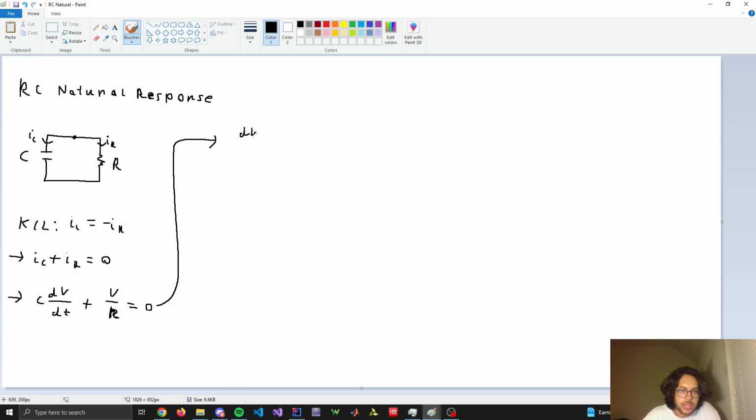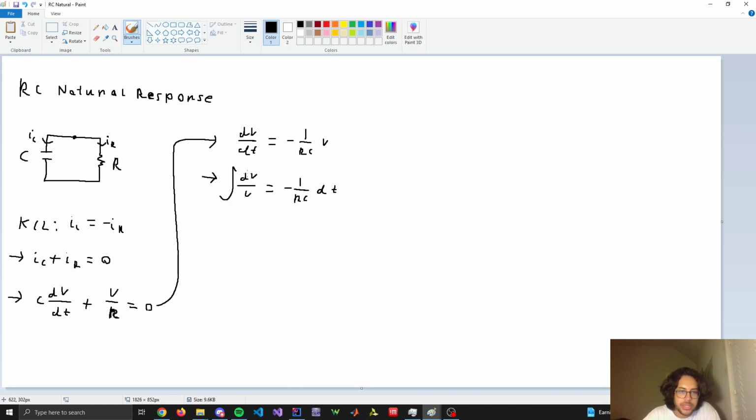So I get dV over dt equals negative 1 over RC times V. Now I can multiply by dt and divide by V on both sides. So it's going to be dV over V is equal to negative 1 over RC dt.